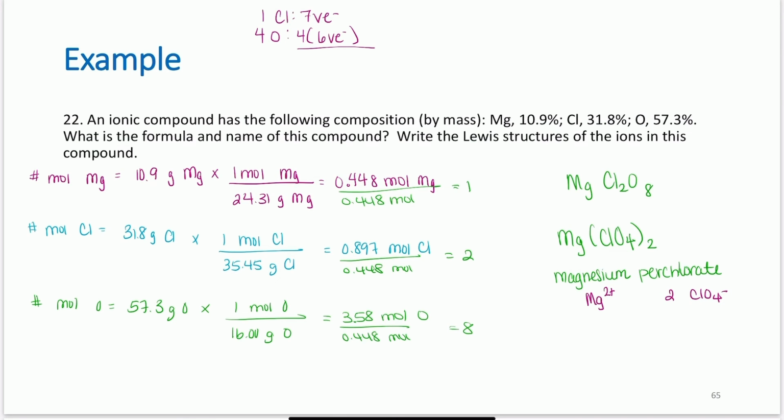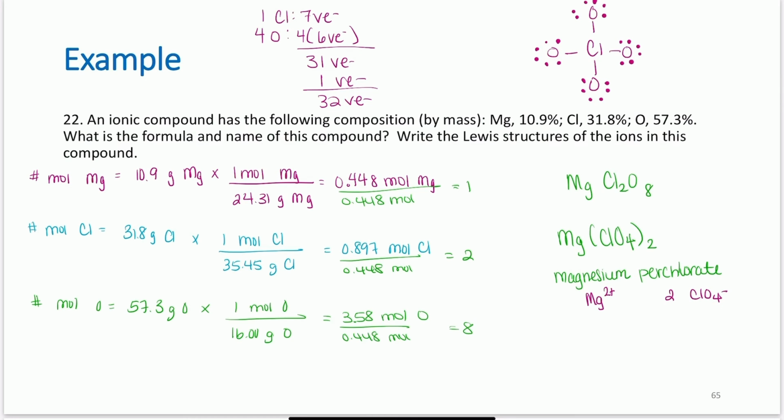I cannot do math that fast in my head. 31 plus a negative 1 charge, 32 valence electrons. Connect all your oxygen. 2, 4, 6, 8, 10, 12, 14, 16, 18, 20, 22, 24, 26, 28, 30, 32.